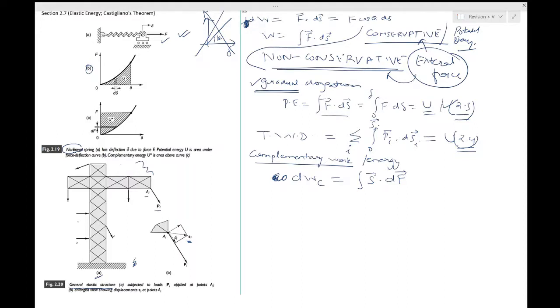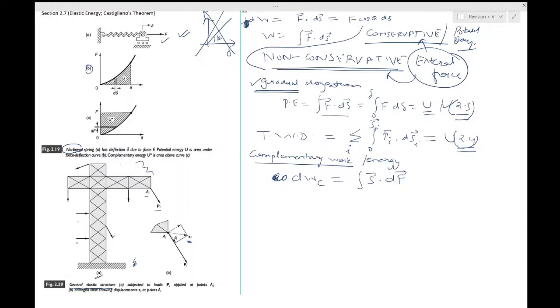Compare this to the previous definition, in which we said that when work is done on certain systems, their internal geometric states are altered in such a way that they are capable of giving equal amounts of work when they are returned to their original geometric state. So in the complementary work, you are coming back to the original force state; there you are coming back to the original geometric state.